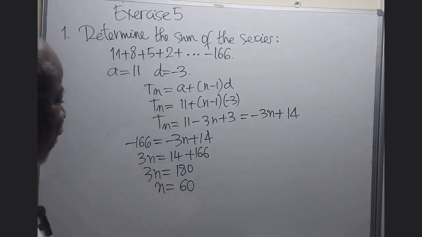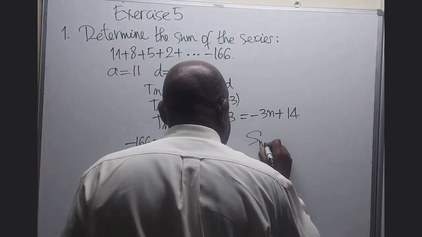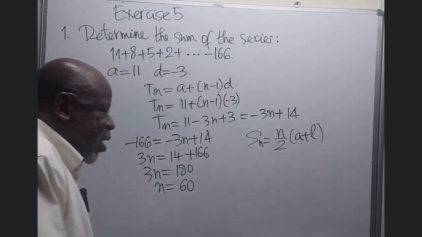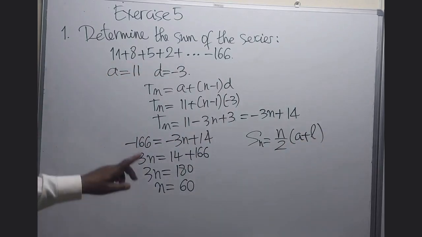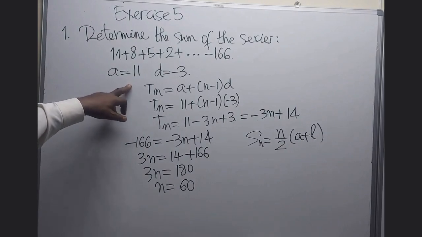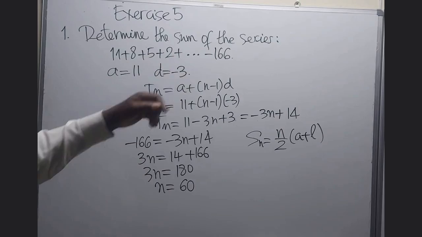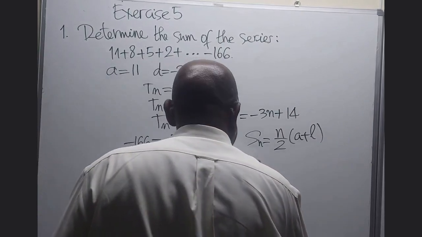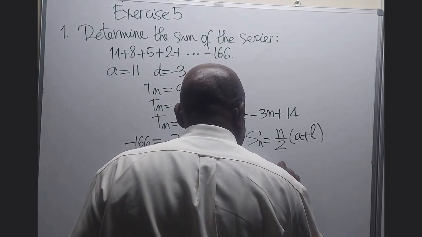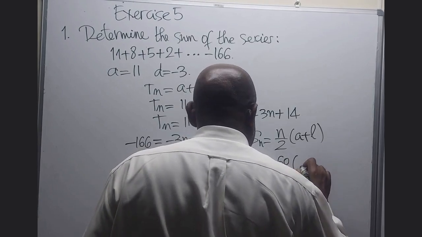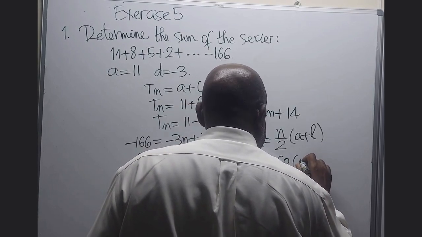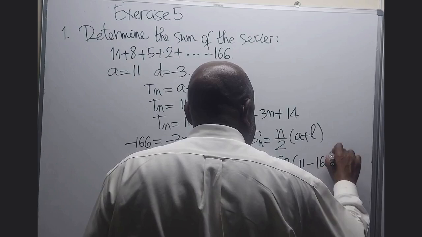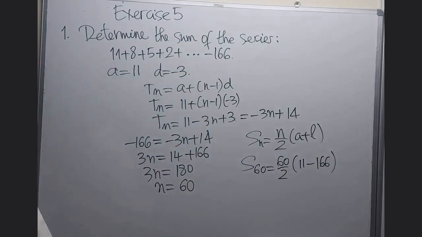They want us to get the sum. The formula for the sum, Sn is equal to n over 2 times a plus l. Our n is 60, our a is 11, and our l is negative 166. So replacing here, S60 will be 60 over 2, and our a 11, and our l is negative 166.